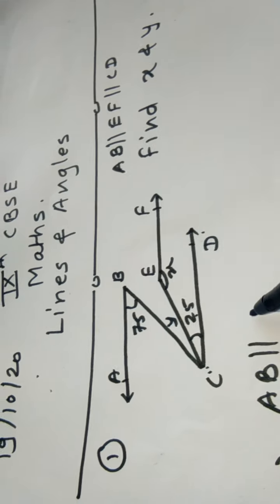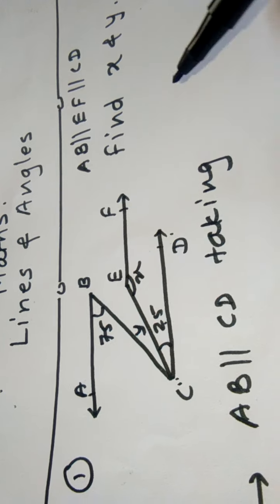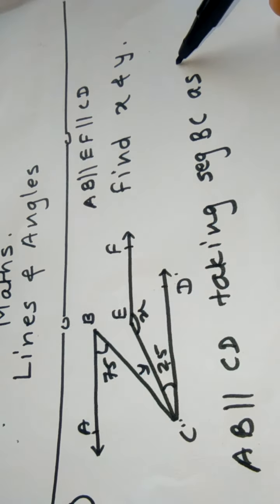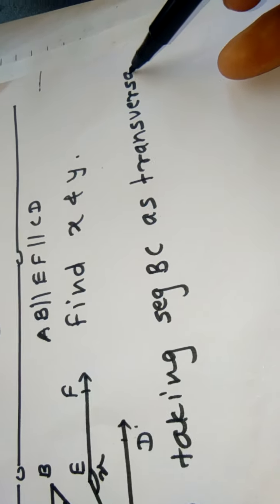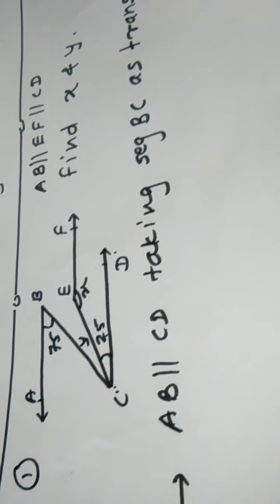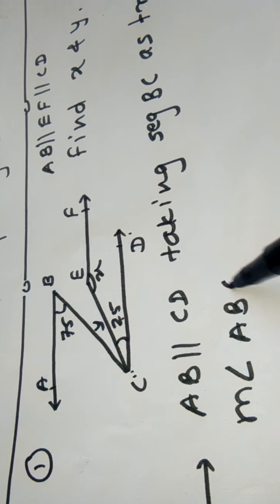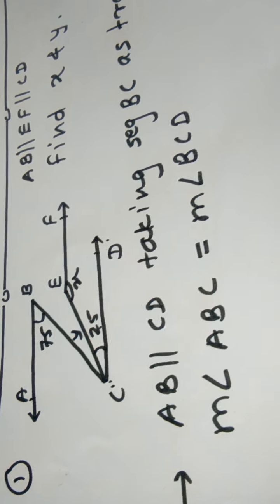AB parallel to CD, taking segment BC as a transversal. Then measure of angle ABC is equal to measure of angle BCD.